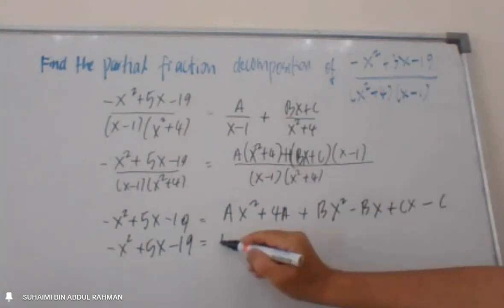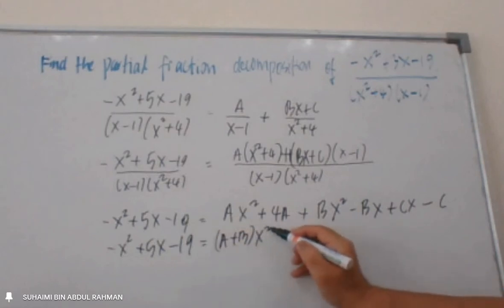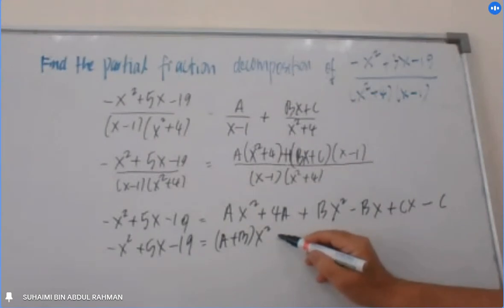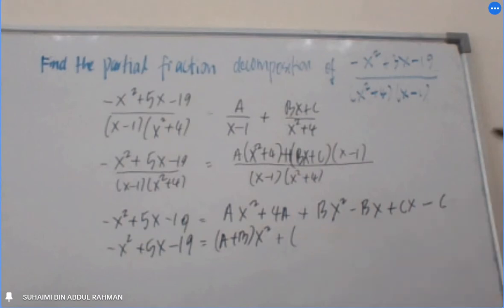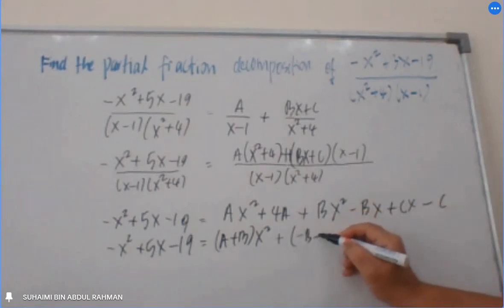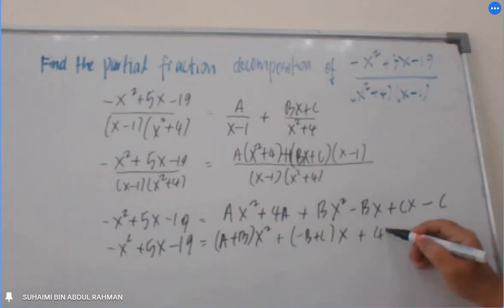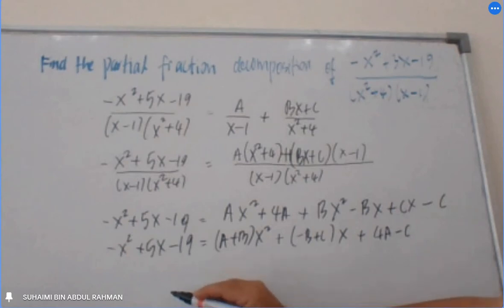A plus B. Coefficient of x: negative B plus C. And for the constant: A minus C. So we compare.